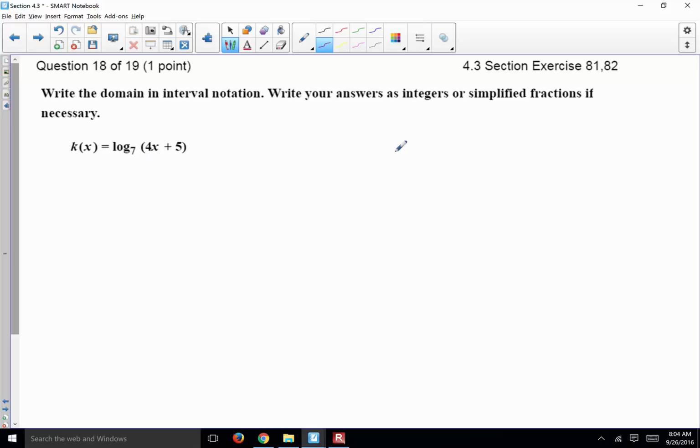So the original domain, if it was only log 7 of x, or log of any base of x, is the default 0 to infinity. We want to keep this positive. Only positive numbers are allowed.